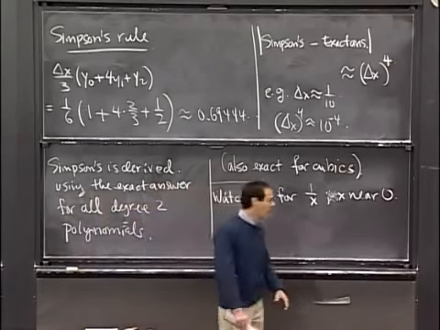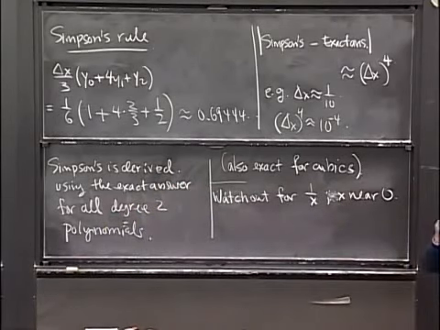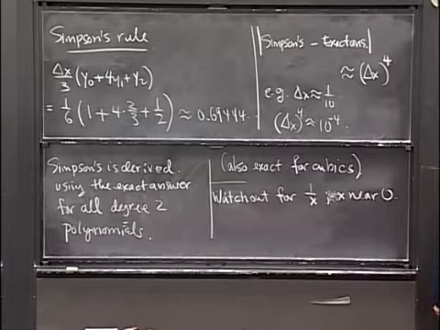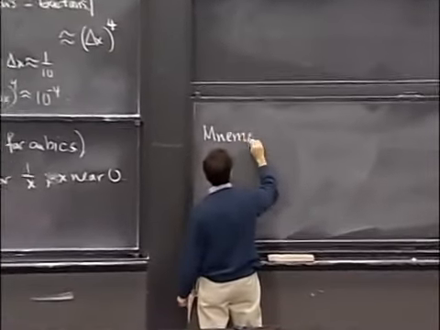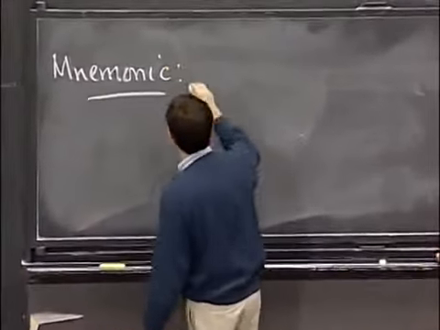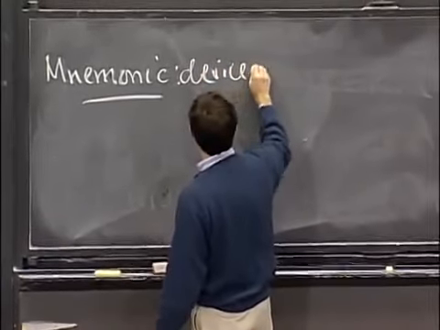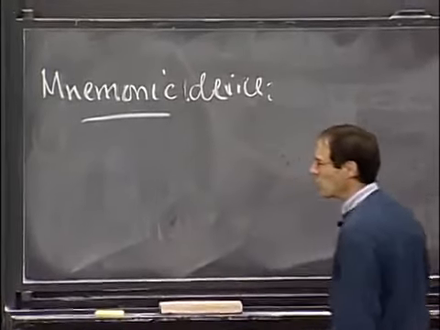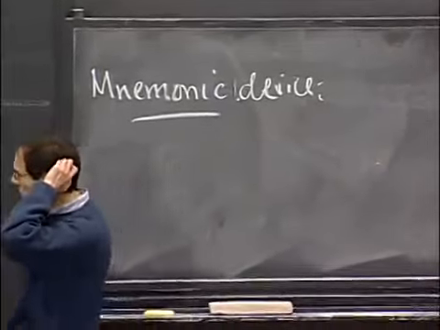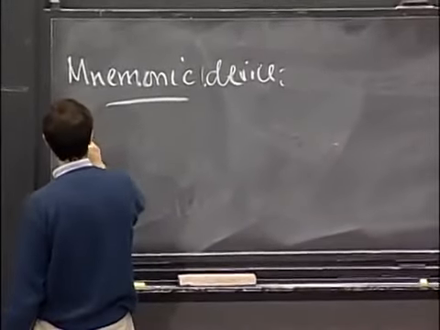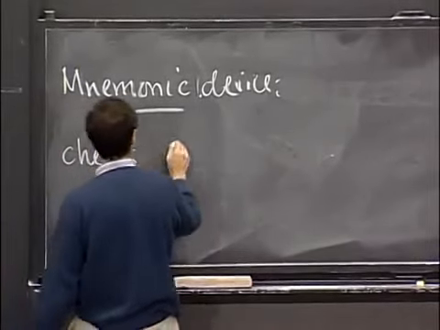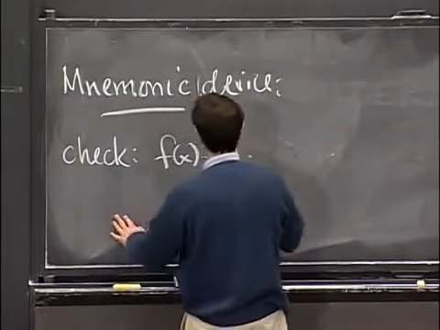OK, so if you were doing this on an exam, how do you remember this strange pattern of numbers? Well, the one thing that I want to recommend to you, as a way of remembering it, one mnemonic device, we'll call it, for remembering what it is that you're doing, is to remind yourself of what happens for the simplest possible case, which is f of x equals 1.